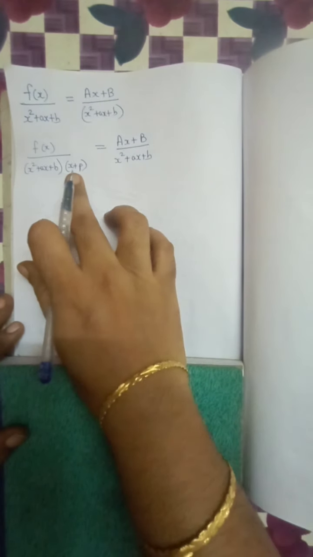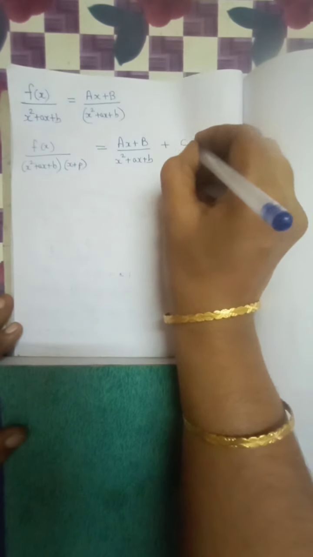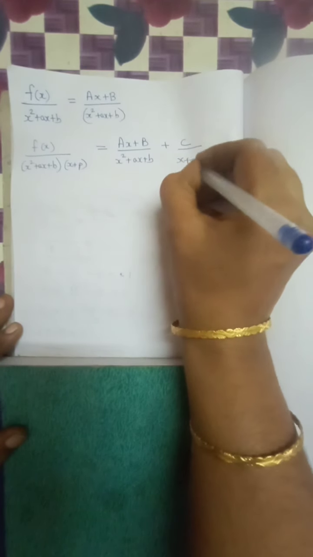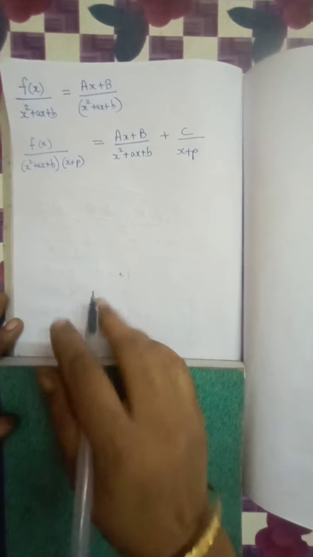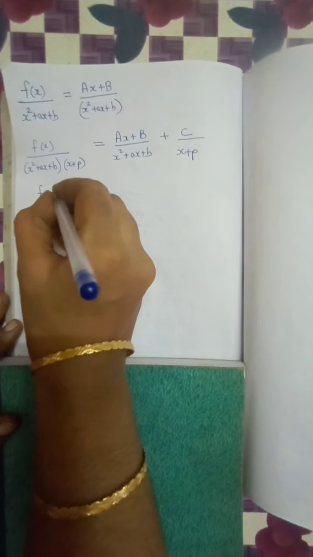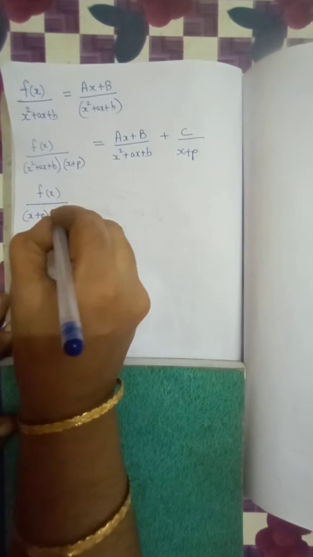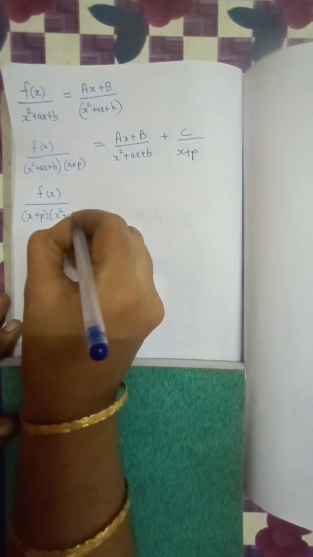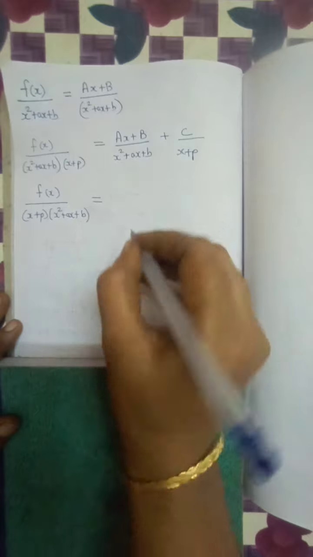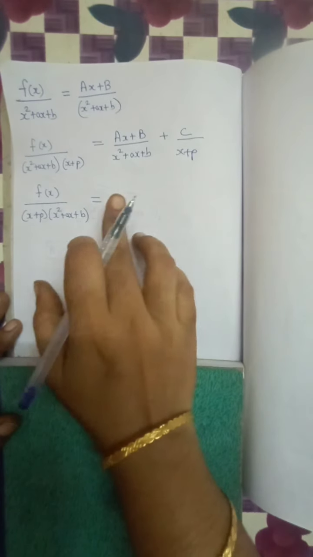Now the next linear factor should be written as plus c by x plus b. Okay. Suppose we have first the linear factor, then the quadratic equation. Then we split into partial fractions.